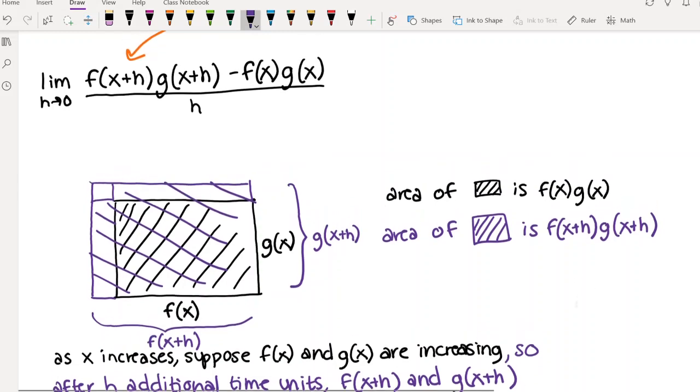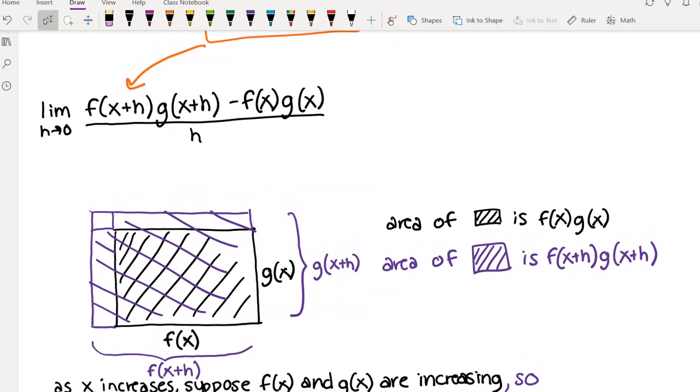Okay, so let's now look back up at our limit and see what we can interpret in this numerator in terms of areas. So the first part of this limit, so maybe let me write down first the limit as h approaches 0. The first part of this limit is f of x plus h times g of x plus h.